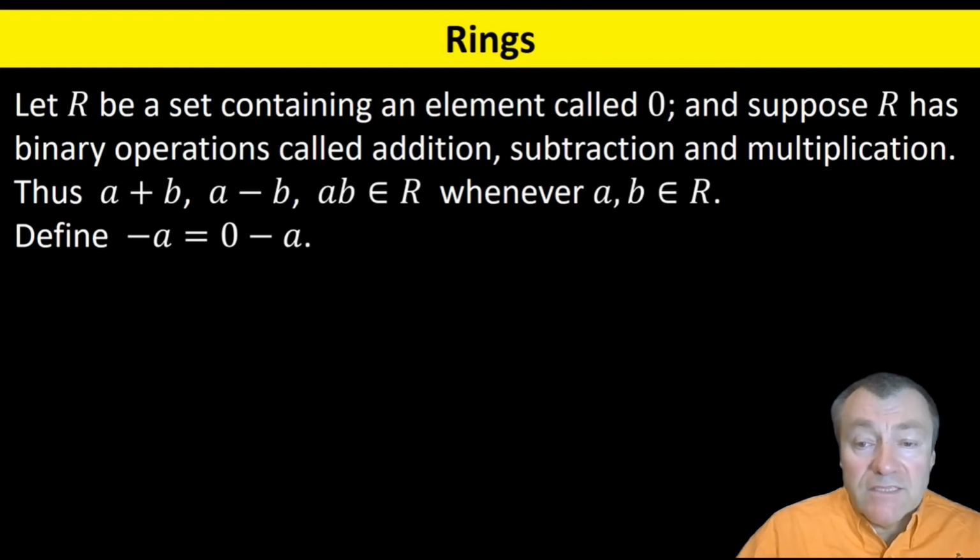I'll write minus a as a shorthand for 0 minus a. This, by the way, is now an example of a unary operation, since I'm mapping a single input a to a single output minus a, although the unary operation is easily specified as coming from the binary operation of subtraction.